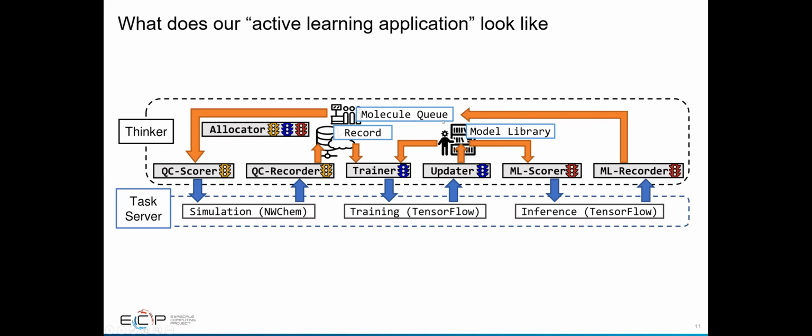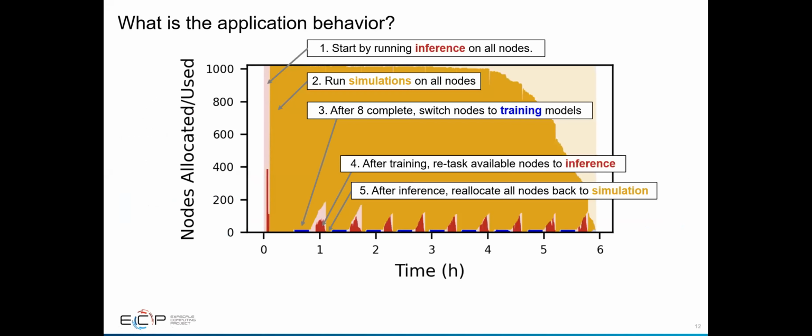And what you can end up getting with this kind of complex application is a behavior where we can illustrate changes in how our resources are utilized as a function of time. Here, you're seeing how we utilized 1024 nodes on Theta over a 6-hour allocation. And you'll note how we've written our application to start off by running inference tasks on all of the nodes.